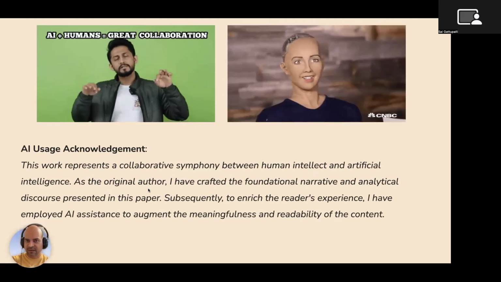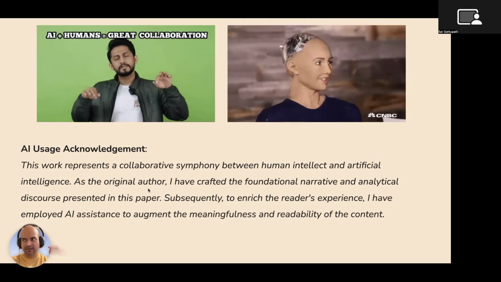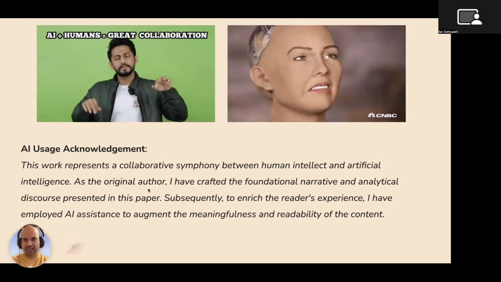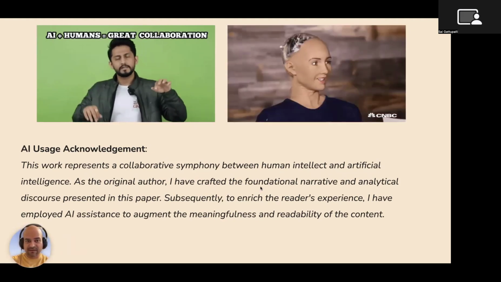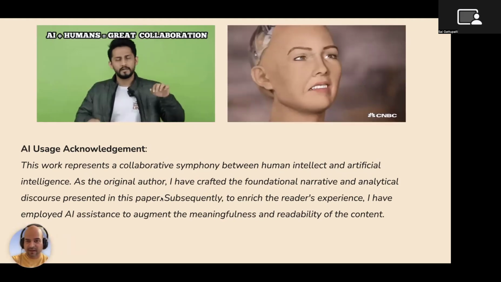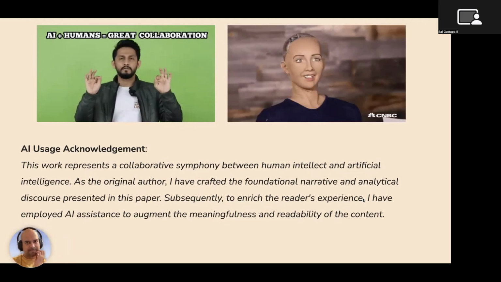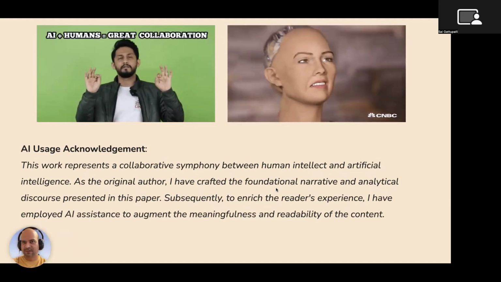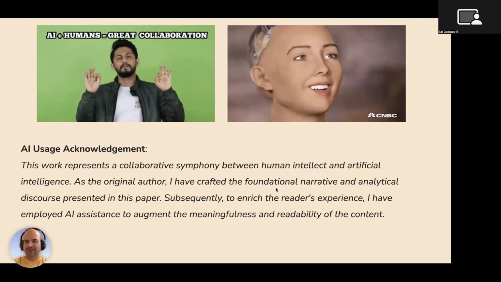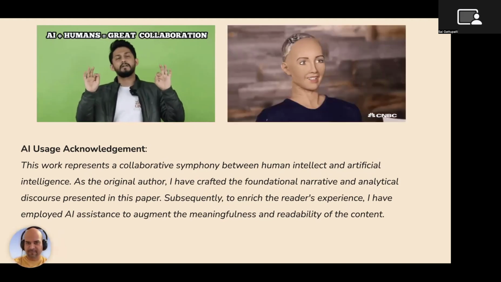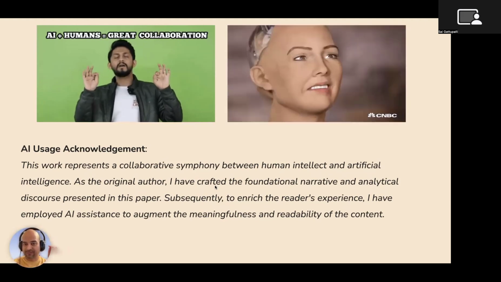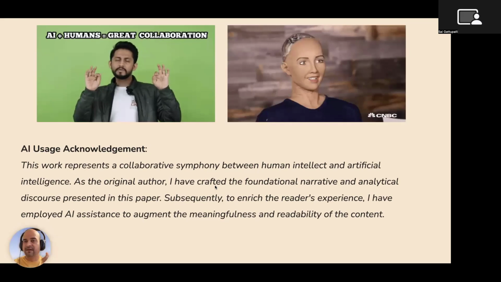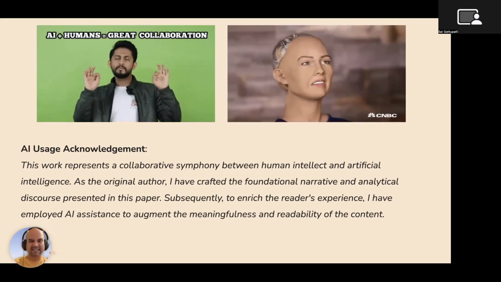As the original author, because it's a topic that originated in your mind, you like that topic, I have crafted the foundational narrative and so on. You can write this or have something similar to this. Most students write their own acknowledgement statement. This way, you are ethical and responsible in your use of AI, which is a great skill to have.